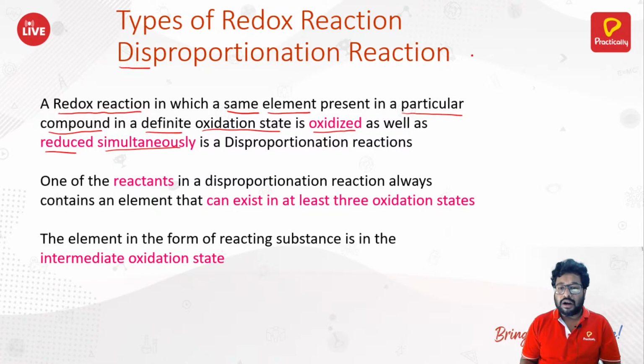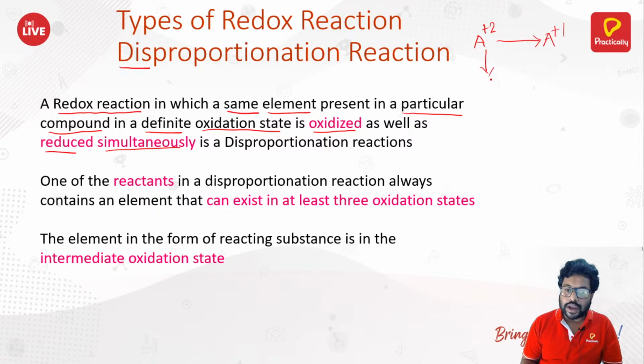For example, suppose you have an element called A. If this element is in oxidation state +2, for example, so from +2, if it gets reduced to +1, and it also gets oxidized to +3. So on this side, it has got reduced.